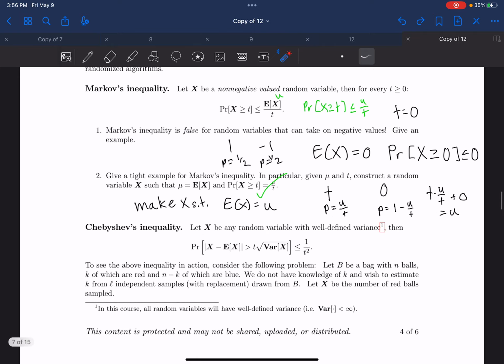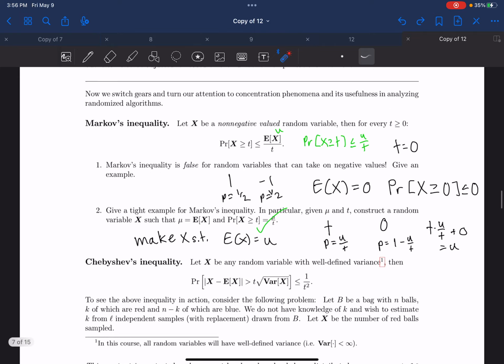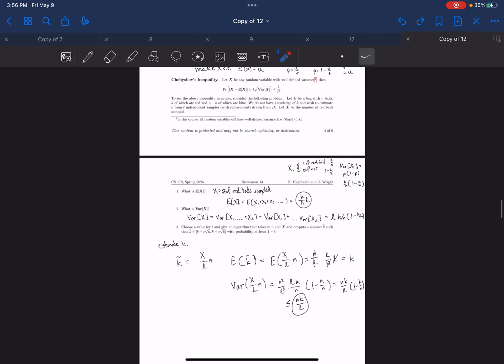So in order to set up here, what we're going to do is remember that we are calculating the probability of, in this case, K prime.